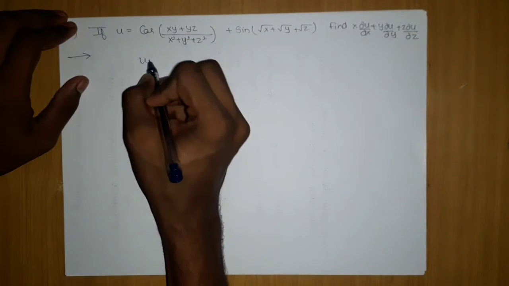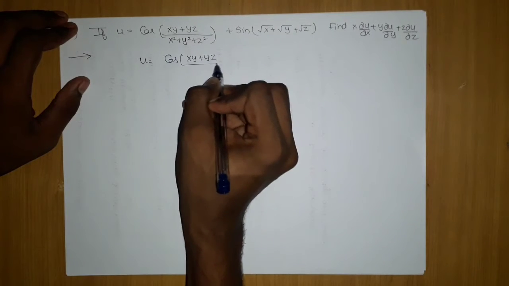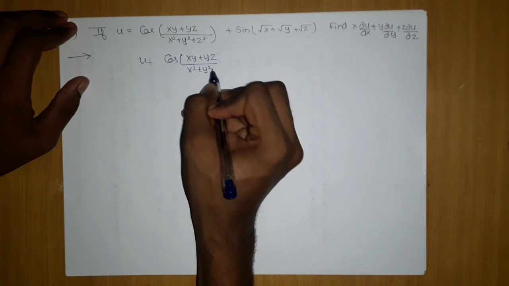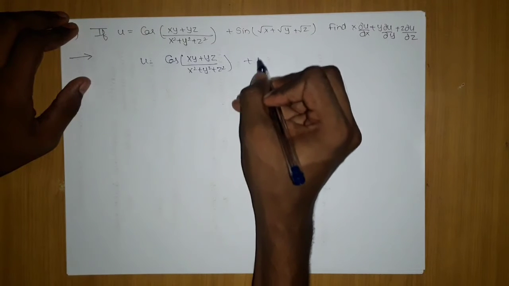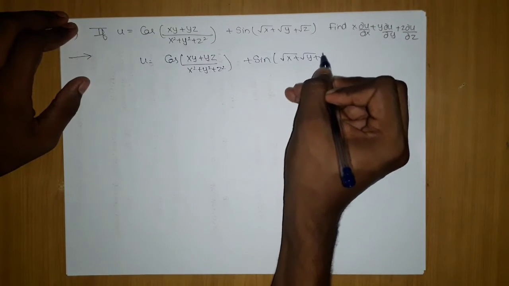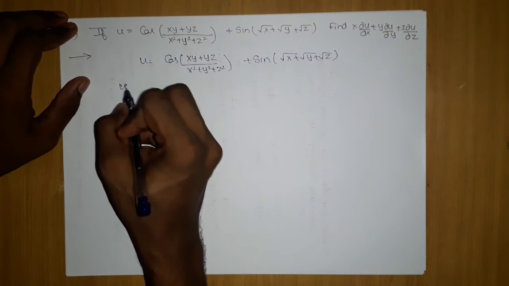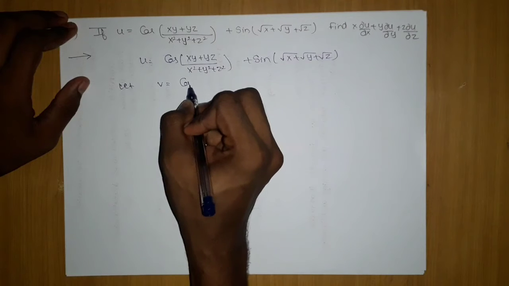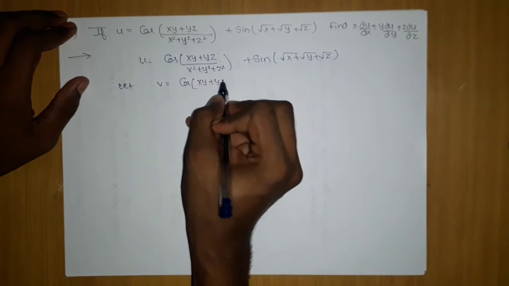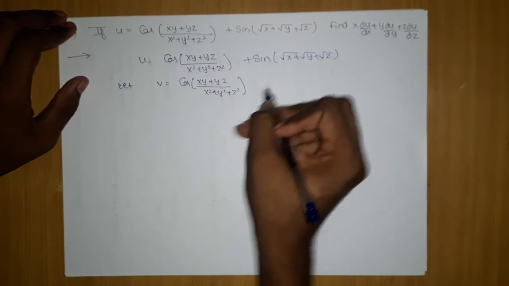So what you have to do? First you have to write whatever is given. This thing clear? What you have to do? Let v equals cos((xy plus yz) upon (x square plus y square plus z square)), right?